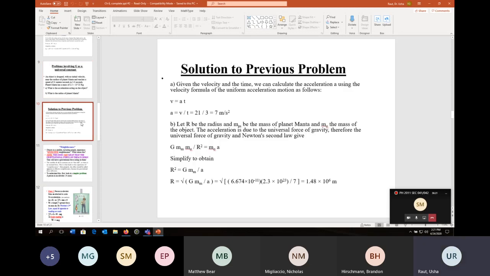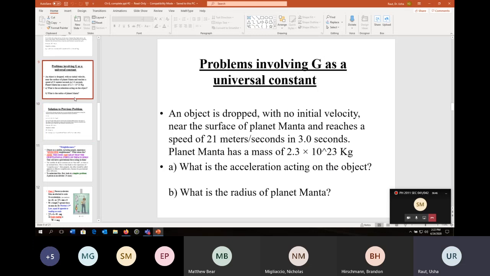Okay, so if you put v equal to v0 plus at and substitute everything that's known, you can solve for a, the acceleration due to gravity on that planet, and it turns out to be 7 meters per second squared. And then the B part is, what's the radius of the planet?